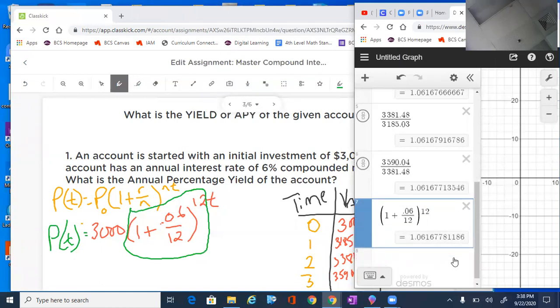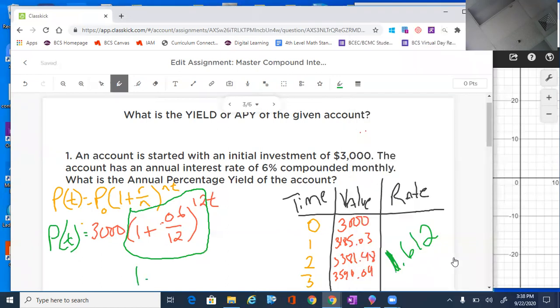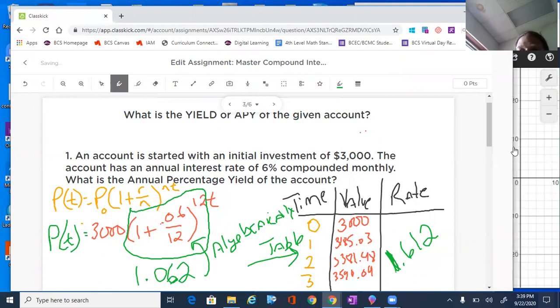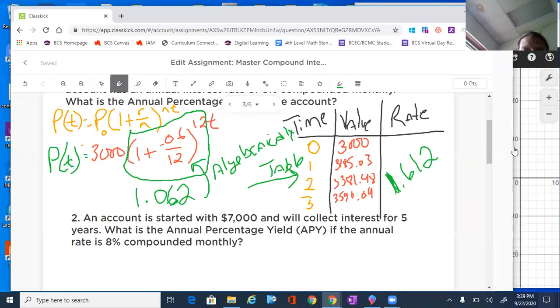This value, which comes out, is 1.062. It is exactly the same. So we can look at it from a table, or we can look at it algebraically. Now all we have to do is find the actual percentage yield, and that's nice and easy.